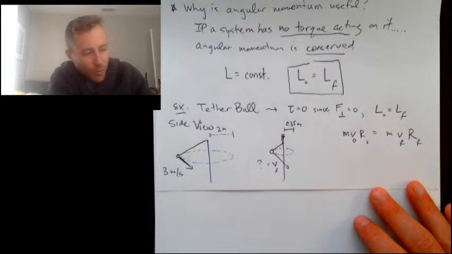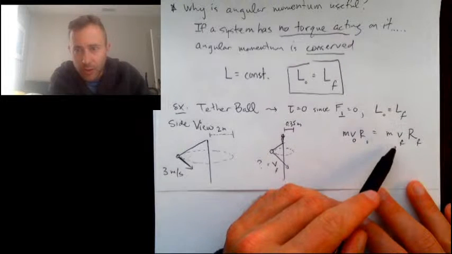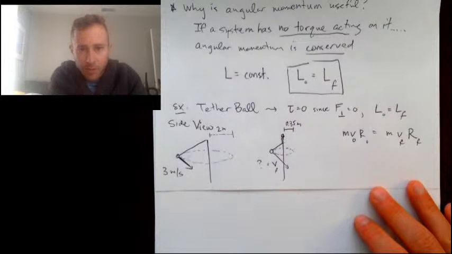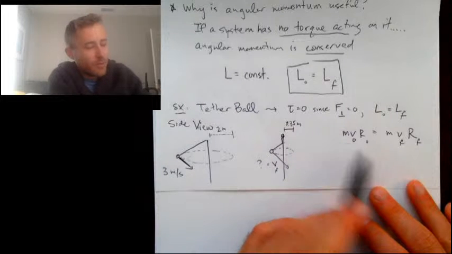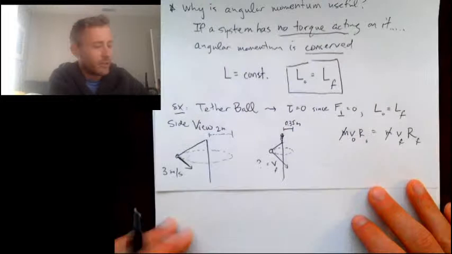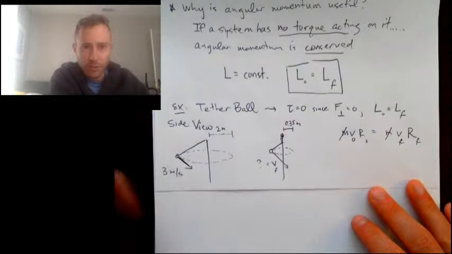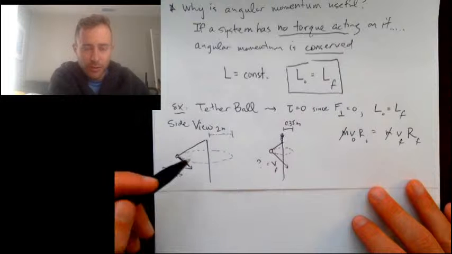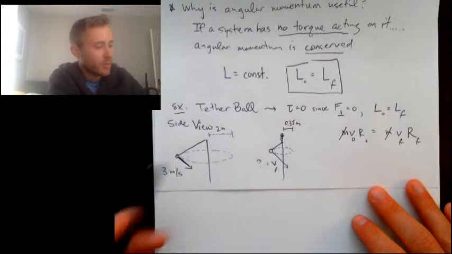And furthermore, I can see that mass is on both sides of this equation. So that means that m cancels out. So that is why I did not need to give you the mass of the tetherball. I only had to tell you the speed and the radius of the tetherball.